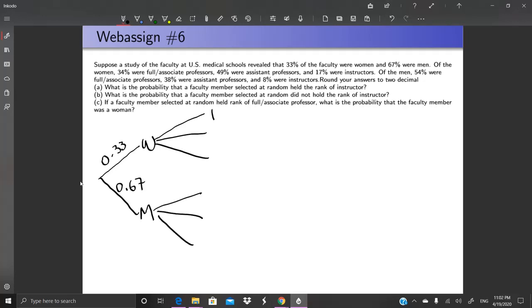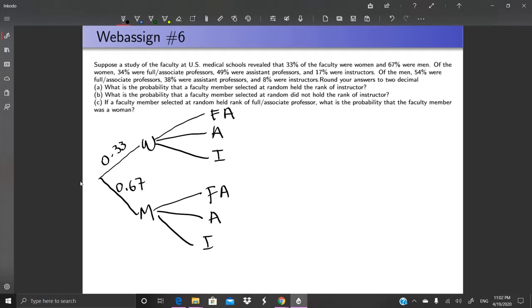So I'm going to say FA is for full and associate, I'm going to use A for assistant, and I for instructor. So same thing down here: FA, A, and I, right? Of course in the previous example when I was talking about Bayes theorem, I only had 2 branches, a set and its complement. You can have as many branches as you want. In this case, we happen to have 3 options for these positions for faculty members, so we have 3 branches.